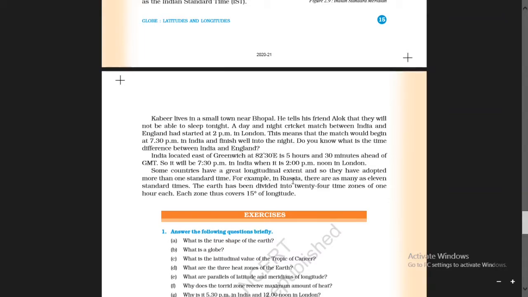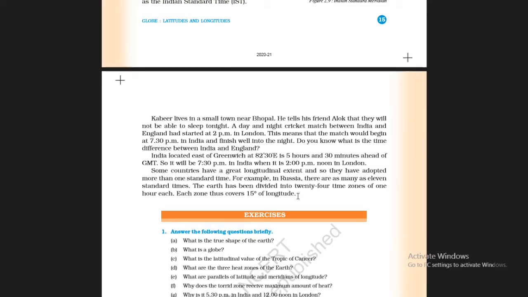For example, in Russia, there are as many as 11 standard times. The earth has been divided into 24 time zones of 1 hour each. Each zone thus covers 15 degree of longitude.